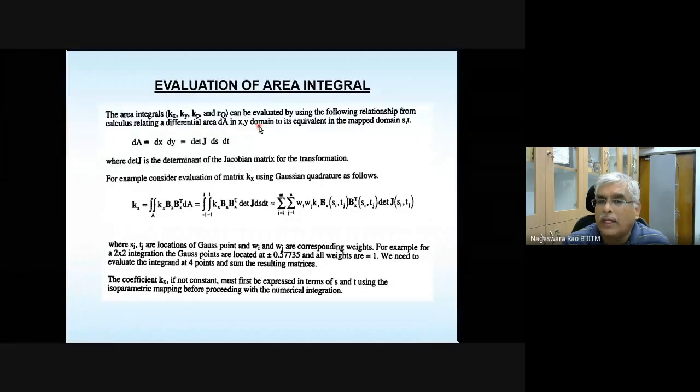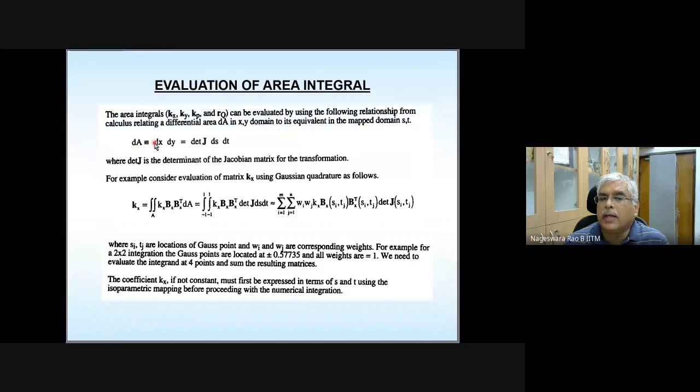What is the equivalent thing in the s-t domain? dA is nothing but dx times dy, and in the s-t domain, what is the relationship between dx dy and ds dt? The relation is through the determinant of J. dx dy is equal to determinant of J times ds dt.